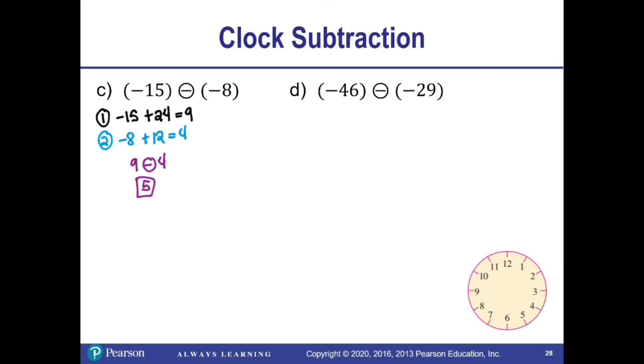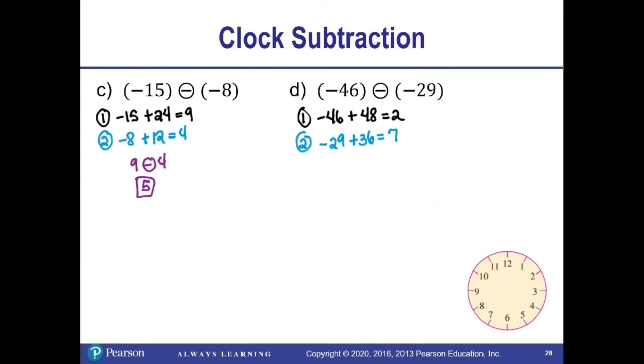Look at part D. Here we have negative 46 minus negative 29. Again, the first thing I want to do is change these negative numbers to positives by adding multiples of 12 to see where I land on the clock. Negative 46 plus 48 is 2. 48 is a multiple of 12. It's 12 times 4. Negative 29 plus 36 is 7. 36 is a multiple of 12.